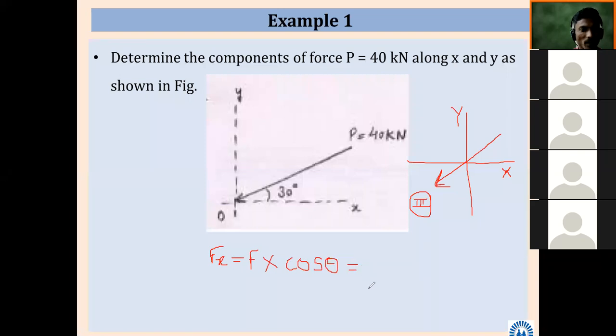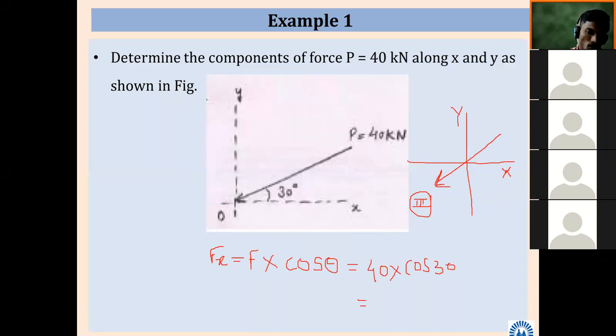Now we have to calculate 40 into cos 30. What will be the value of cos 30? Root 3 by 2. Or you can calculate the total value.